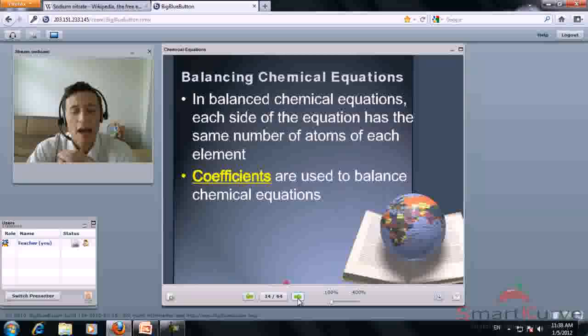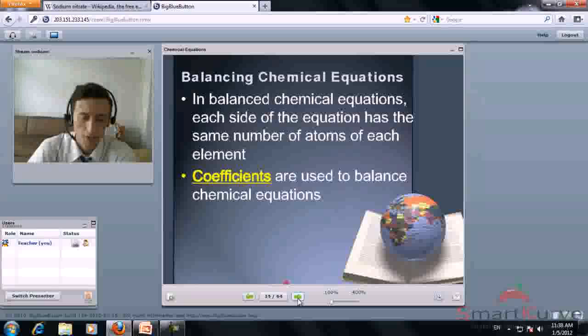All right? And to do this, we have to use coefficients. These are the large numbers that we put in front of a compound or an element in a reaction to balance the chemical equation.